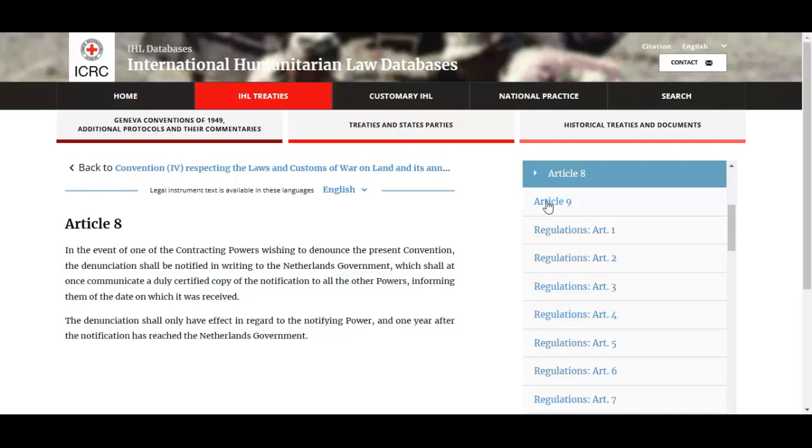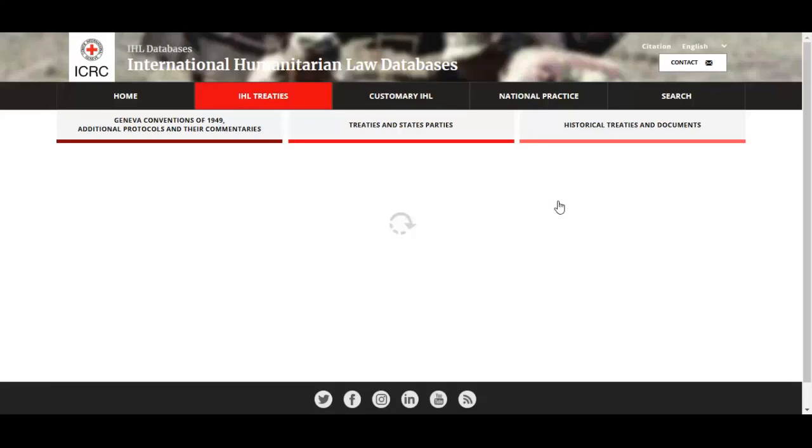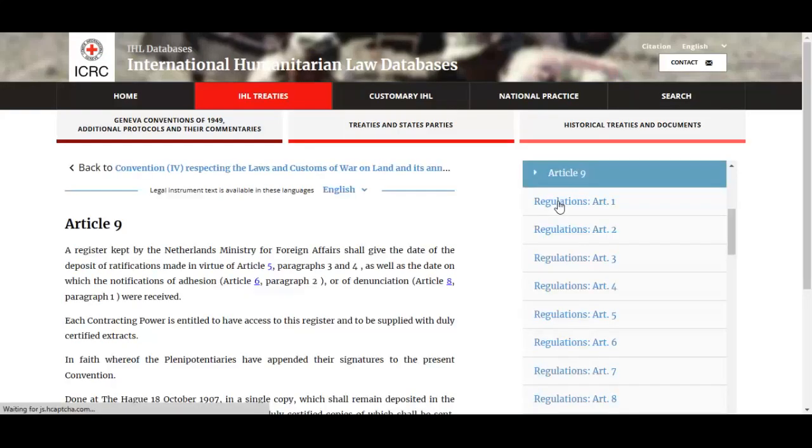The denunciation shall only operate in respect of the denouncing power, and only on the expiry of 1 year after the notification has reached the Netherlands government. So you can't just go, walk out and then start committing war crimes. You need to plan it a year in advance.